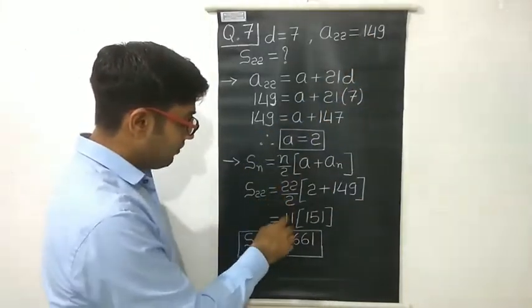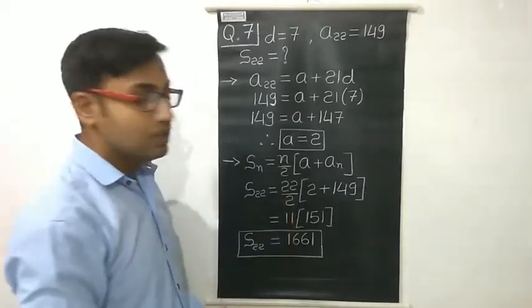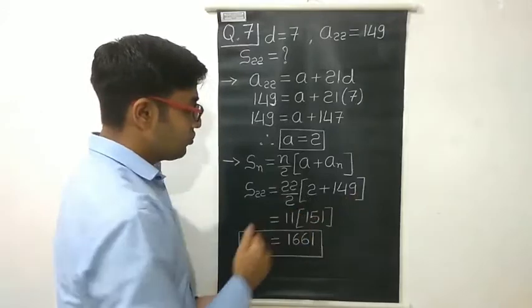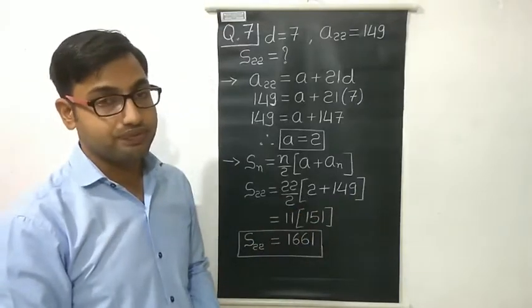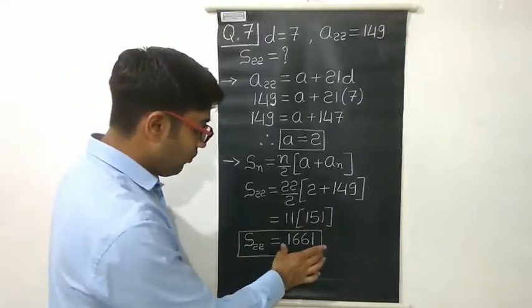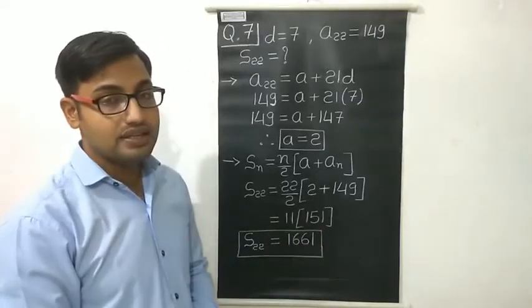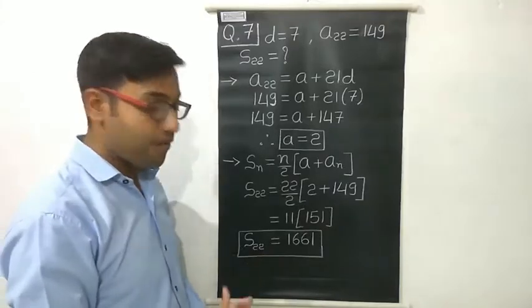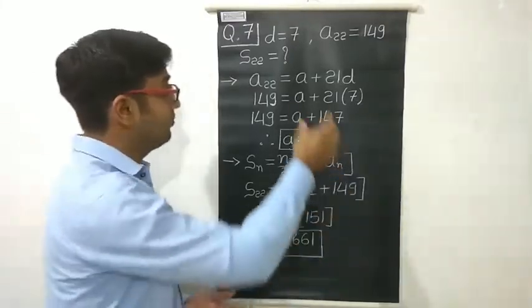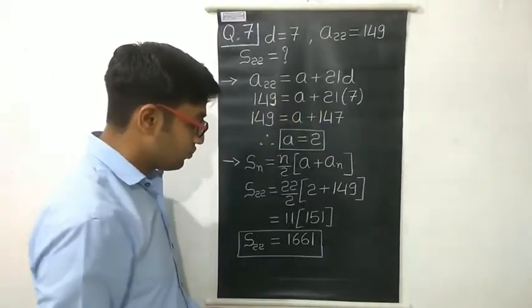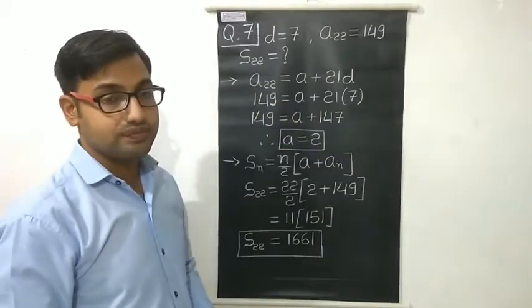So here we get 11, because 2 elevens are 22, and in the bracket 149 plus 2 is equal to 151. By multiplying these two, we get 1661. That is the sum of the first 22 terms of this AP. So S22 is equal to 1661.